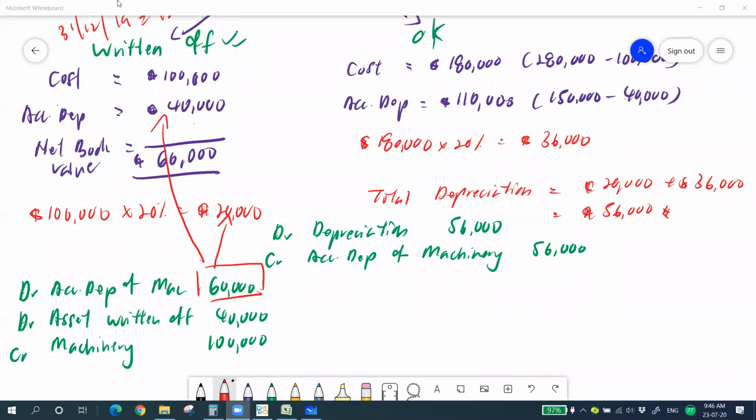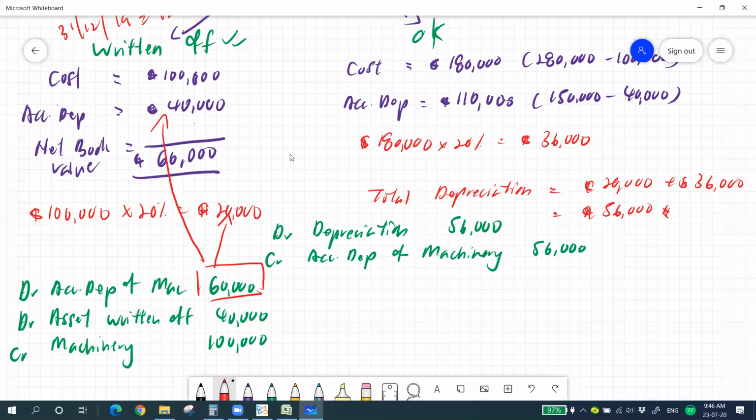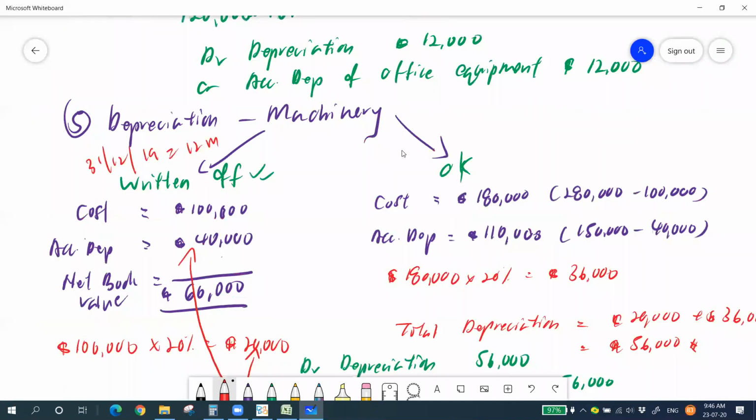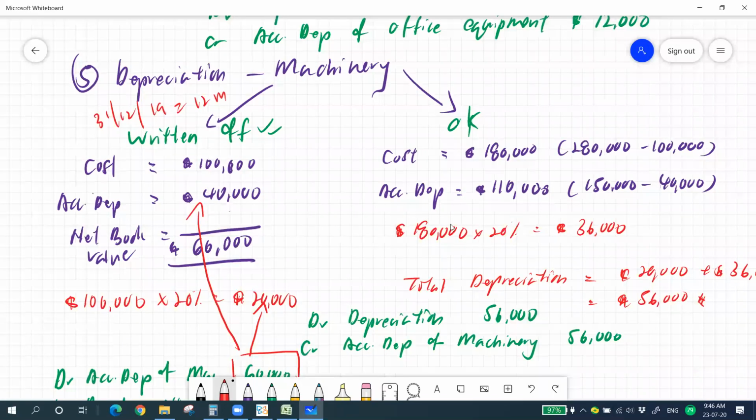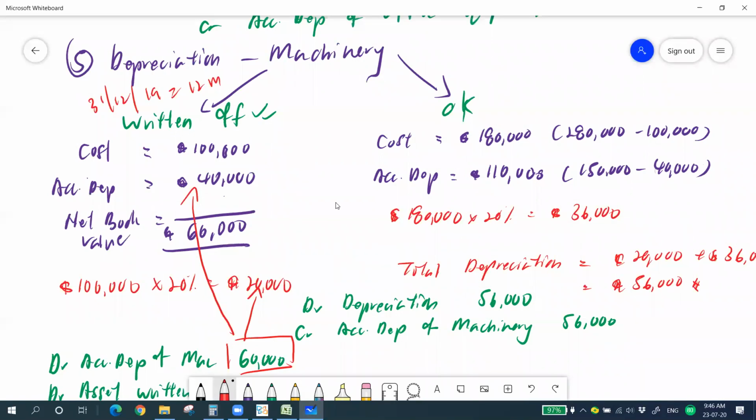Is that okay for this adjustment? Can I understand? Because the machine is having a written off, right? So we split the machine into the normal one and also the written off one, so we calculate the depreciation separately. First we get the depreciation.